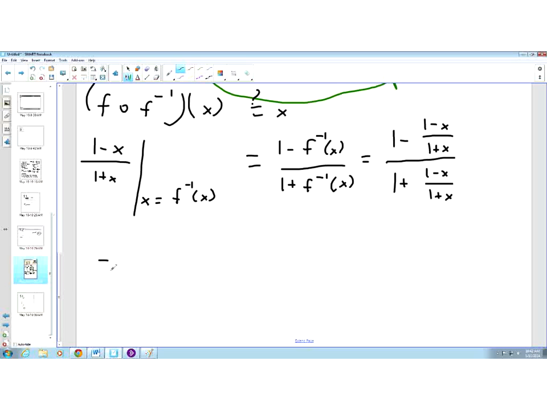We multiply upstairs and downstairs by 1 plus x, and in doing so we get 1 plus x minus (1 minus x) divided by 1 plus x plus 1 minus x, and we simplify, so that's equal to 2x divided by 2, which is equal to x. So yes, we validated the inverse.